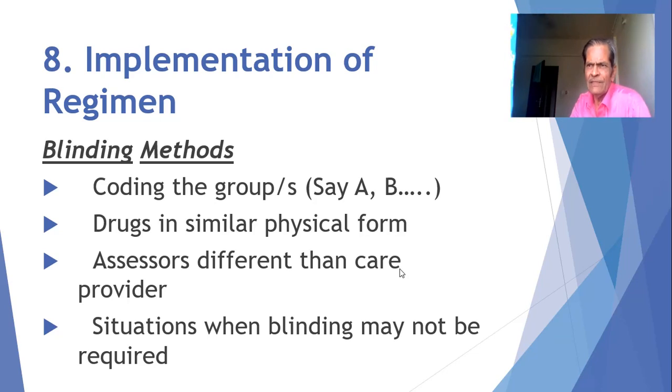Here it is practically impossible to blind, because a simple question like whether you were given an injection or a tablet would blow the masking method. So it may not be possible, or may not be required, in such cases where it could be easily identified what was given in the study group and what was given in the control group.